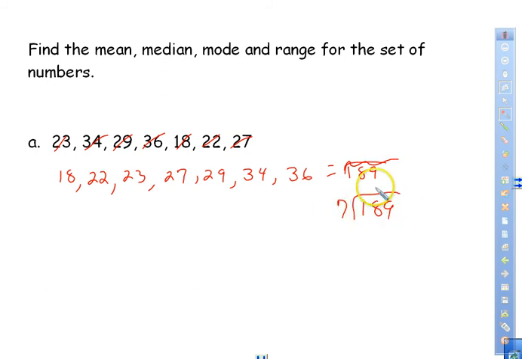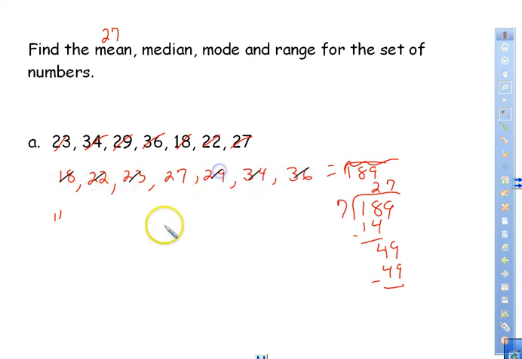You can see this is going to go into it twice, which is 14. We get 4, bring down the 9, and 7 goes into 49 exactly 7 times. So my answer for the mean, I'm going to write it above this, is 27.